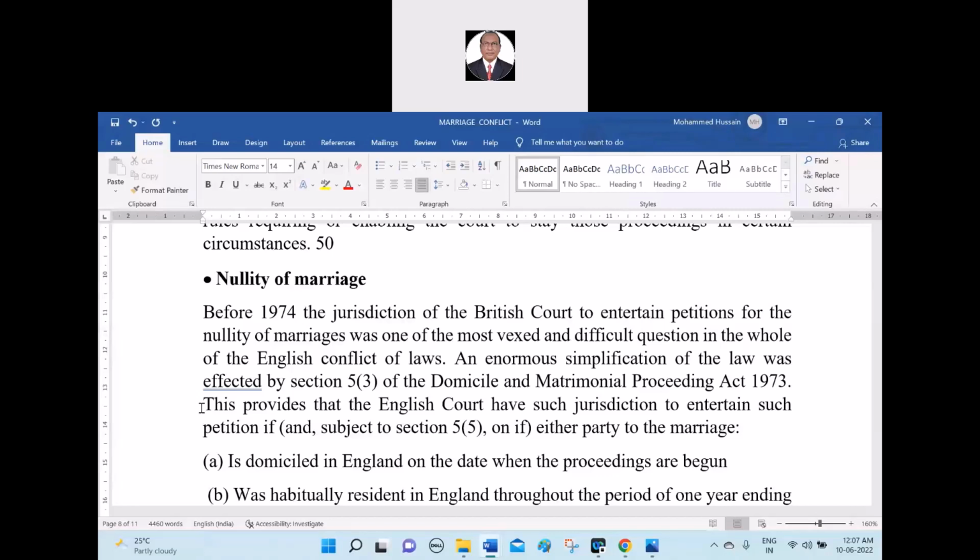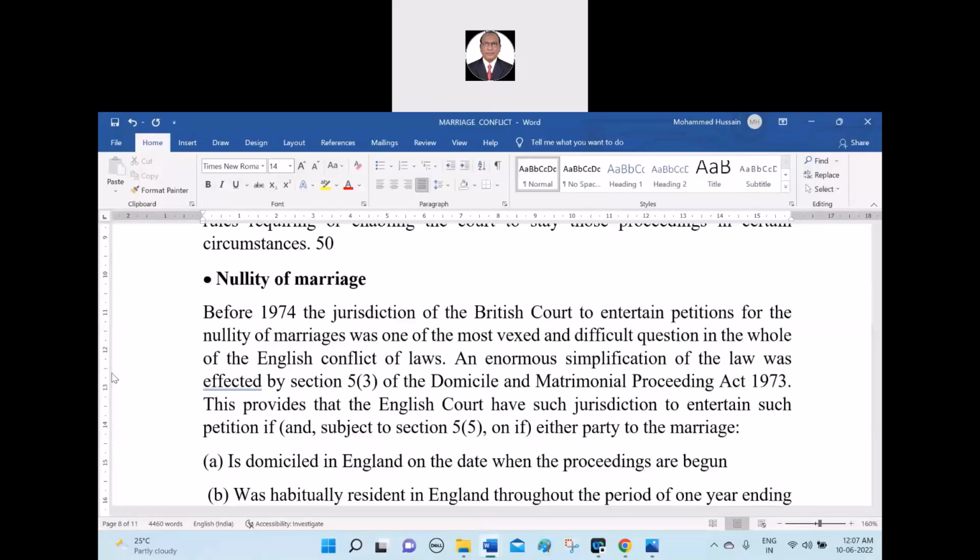Of course, we have to convince the court. Nullity of the marriage would be there if the husband is impotent. That is one of the grounds. But check the Law of Marriage Act for the other grounds where nullity of the marriage will be considered.